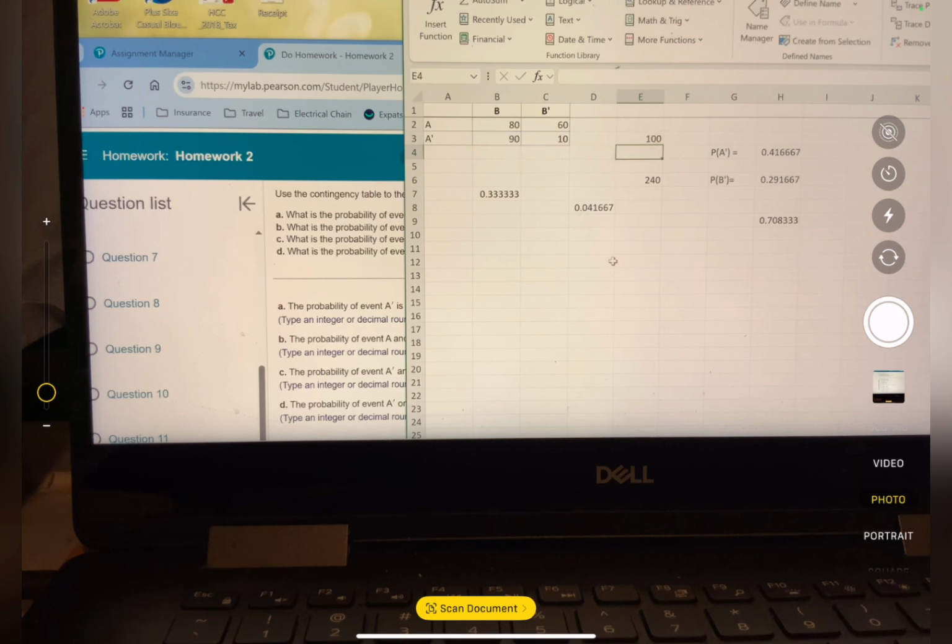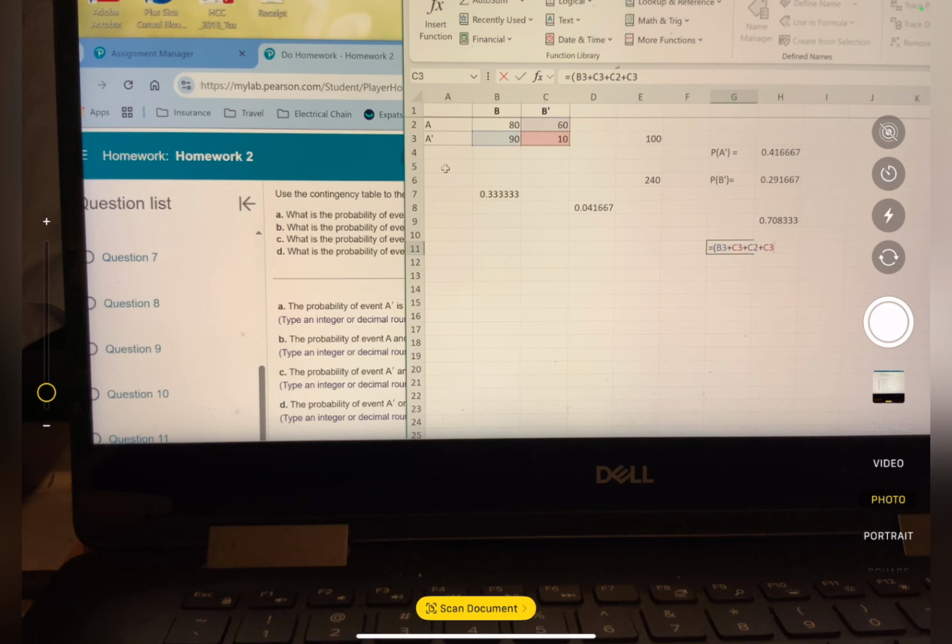A prime is 90 plus 10, right? That's A prime. And then we do plus, because it's or, we're going to add it. And then add B prime. B prime is 60, and then plus 10.